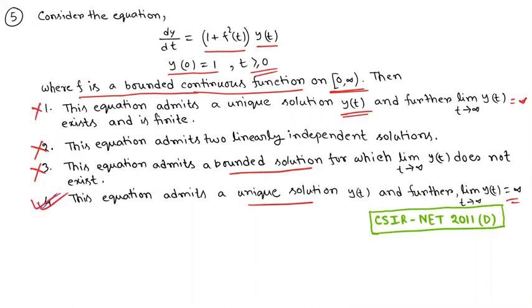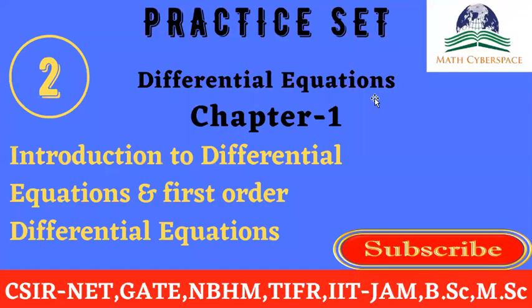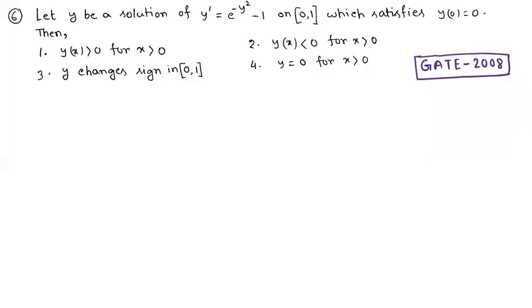Now today this is our practice set 2, and for chapter 1 this is the last practice set. Okay, the questions are: question number 6, let y be a solution of y' equals e to the power minus y squared minus 1 on the closed interval 0 to 1, which satisfies y(0) equals 0.